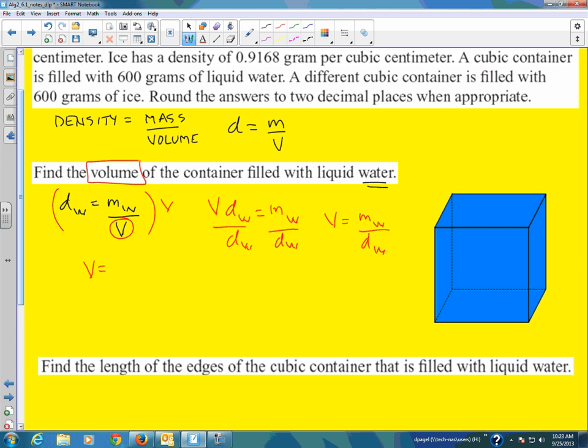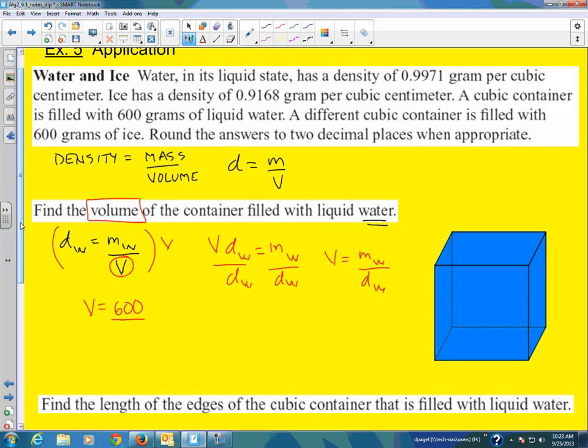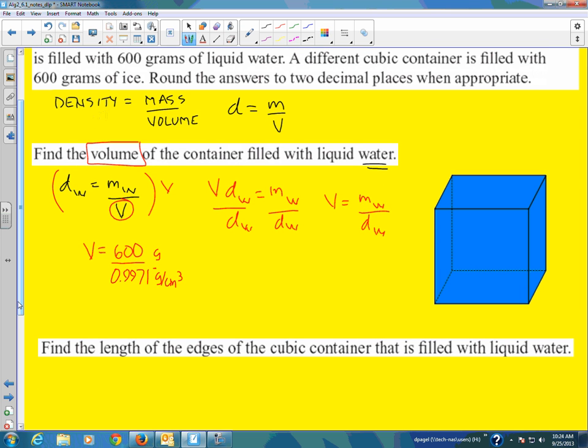So volume is equal to the mass of our water, which was 600 grams, divided by the density of our water, 0.9971 grams per cubic centimeter. Multiplying by the reciprocal, the grams cancel and we end up with just centimeters cubed.